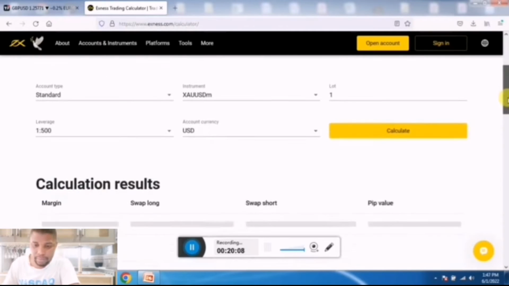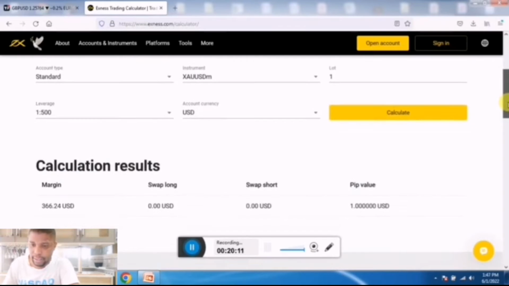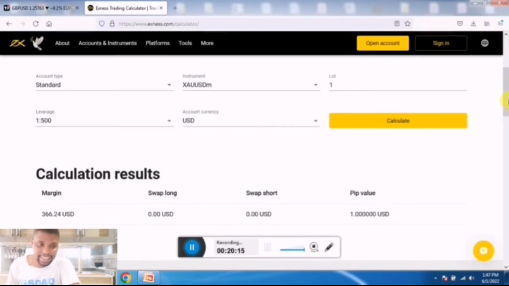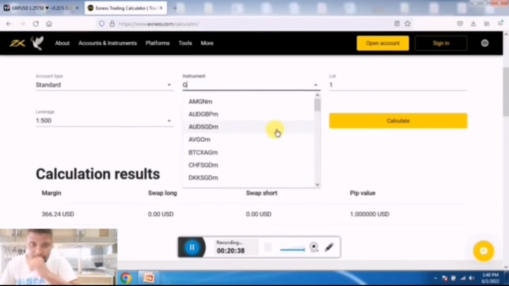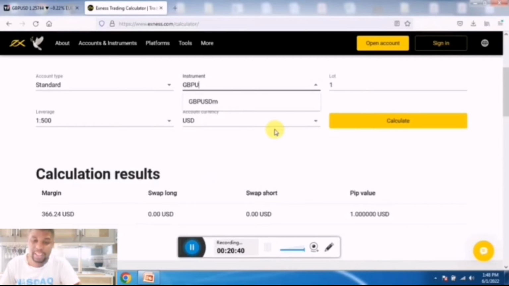Eventually, this calculator will give me a straight answer of what the pip value is that is needed here. Okay, I forgot to change it here, guys. I'm sorry. The currency pair that we want is GBP/USD. I don't know how I forgot the GBP/USD. So the currency pair that we are making an example of is GBP/USD.